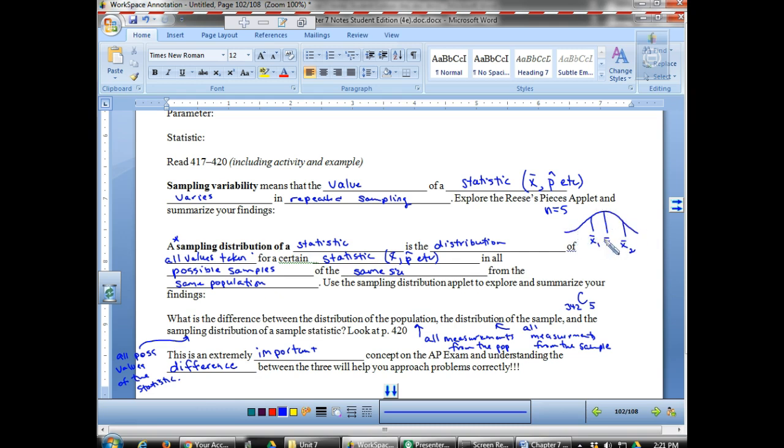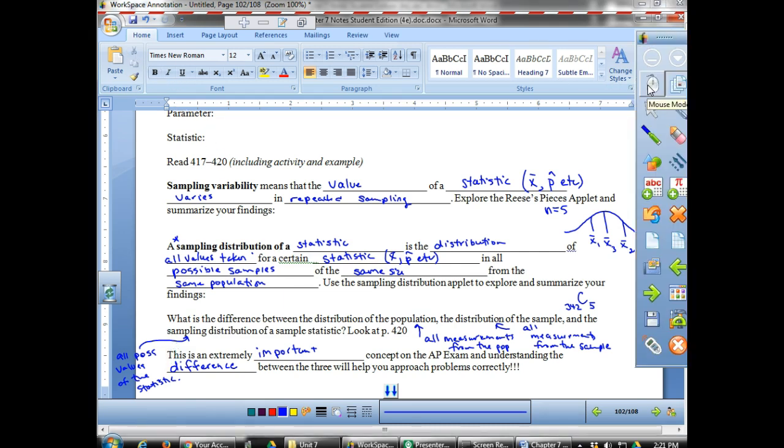So a very different thing than a population distribution and a sample distribution. When it says sampling distribution, that's when it changes to this really important broad concept. All right, and we'll talk some more about that tomorrow as well.